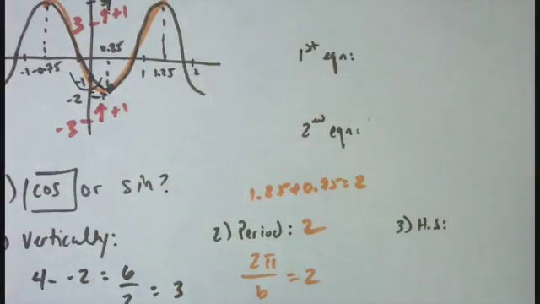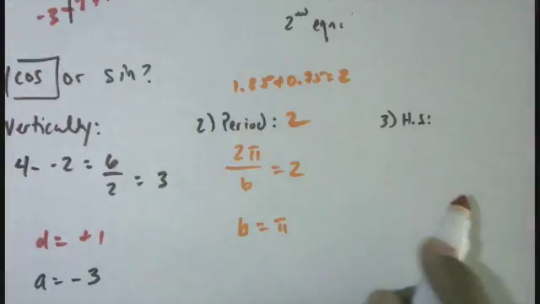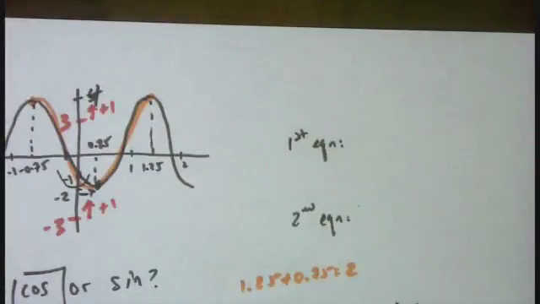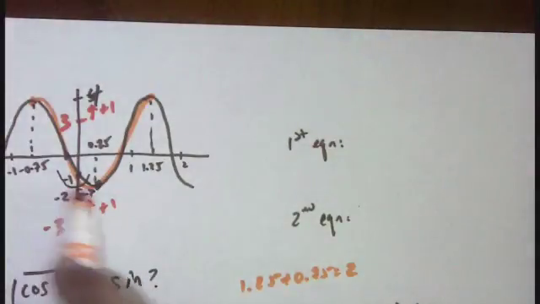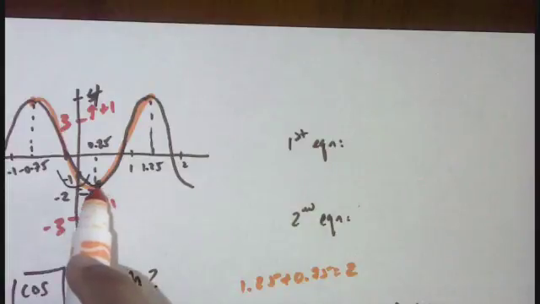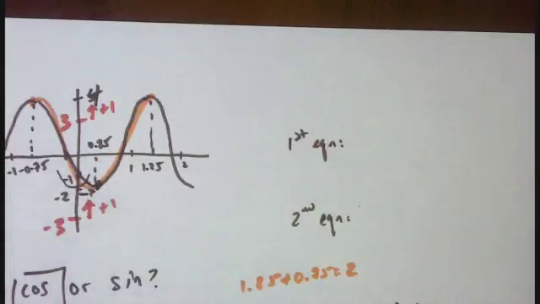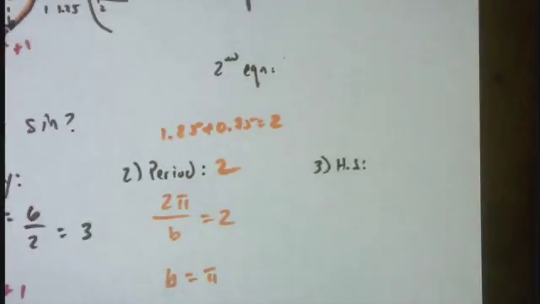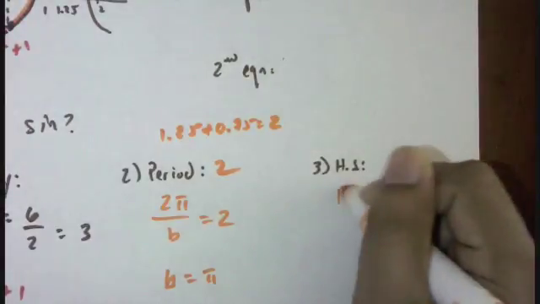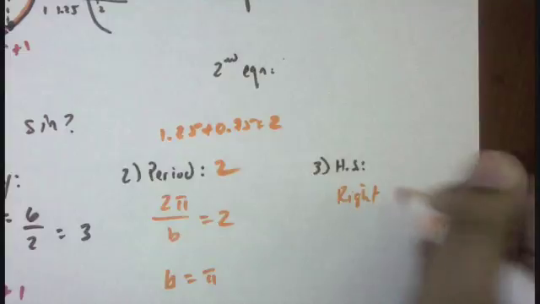That's going to tell me that b must be equal to pi. All I need is my c over b value. At the beginning, I told you that this cosine function looks like it was shifted to the right some units. It was shifted to the right 0.25. Another way to say 0.25 is 1 over 4. So this graph was shifted to the right 1/4.